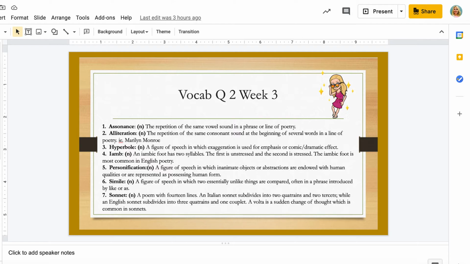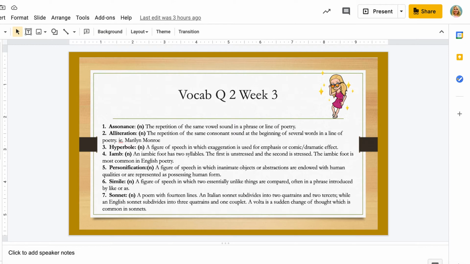An example might be, the chair in the corner seems so lonely because no one ever sits in it. Okay, can the chair really have the sensation and the feelings of being lonely? No. So that is personification.